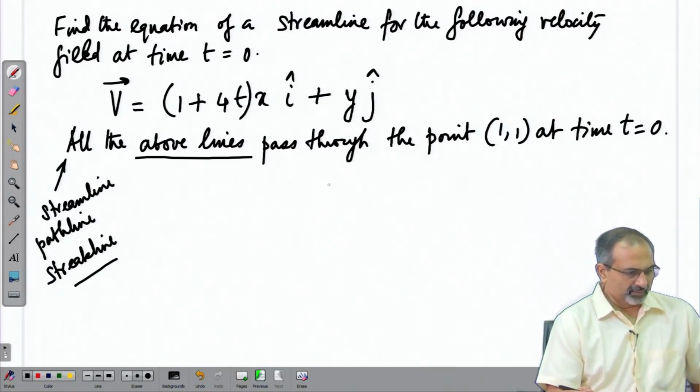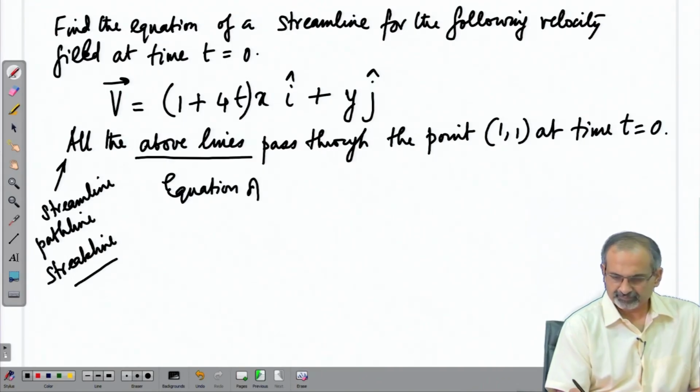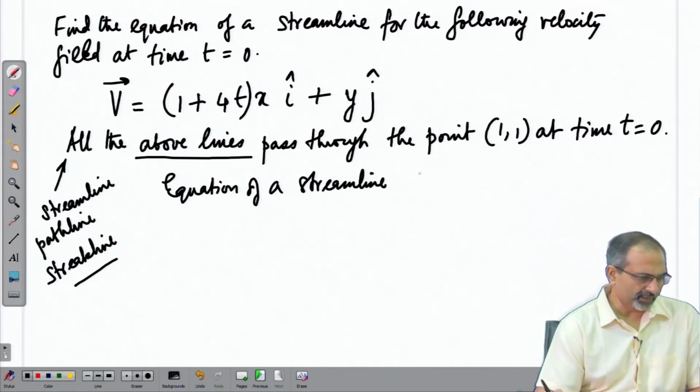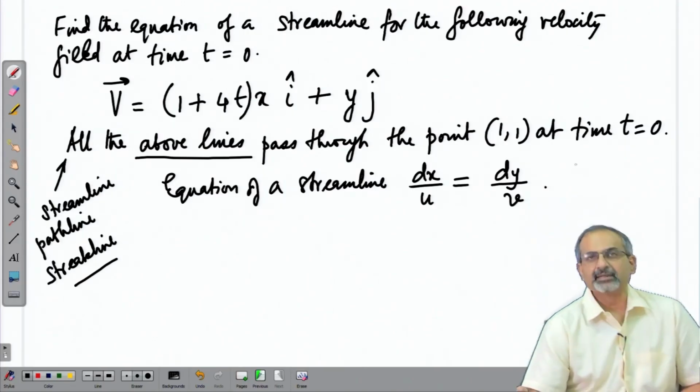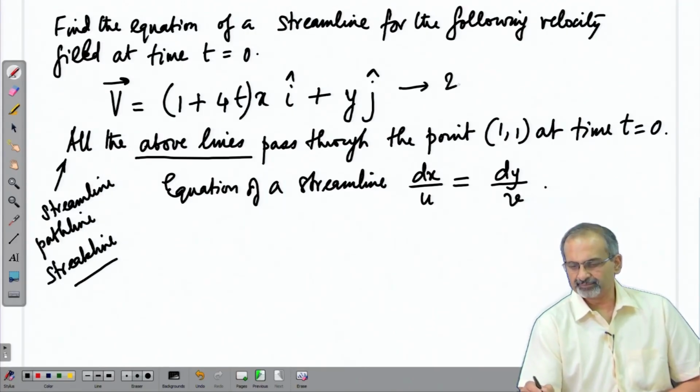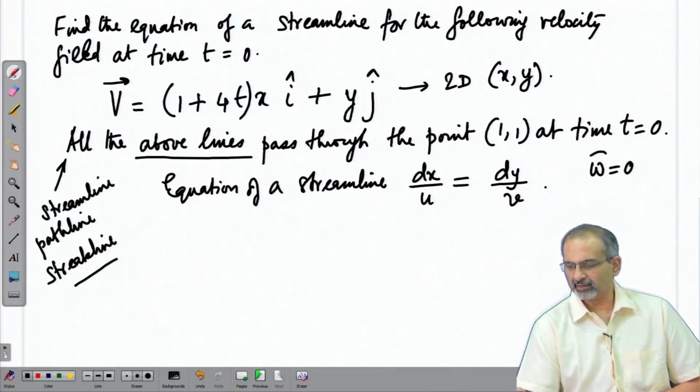So, we recall that when the problem occurs in x y space, then the equation of a streamline would be given as dx by u equal to dy by v. And remember that here, because it is a 2-dimensional flow field in the x y coordinates, it is implicitly assumed that w is equal to 0.